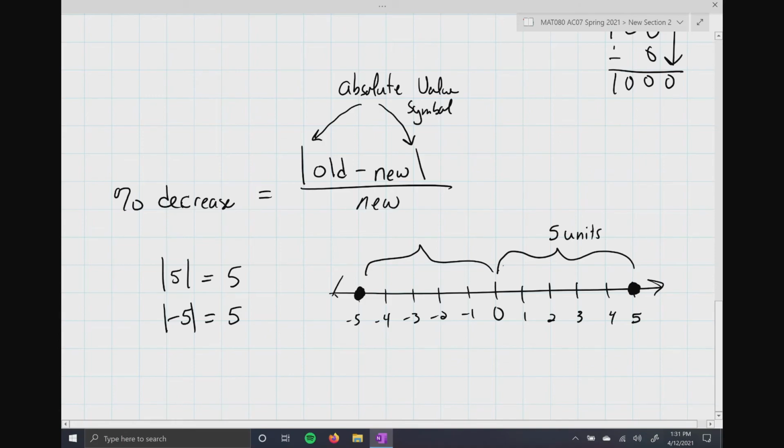If I am standing at 0 and I walk to the right, I've walked a total distance of 5 units. So we say that the absolute value is basically a measure of distance. So if I'm at 0 and I walk to the right and I stop at the number 5, I've walked 5 units. Now, the same applies if I move to the left.